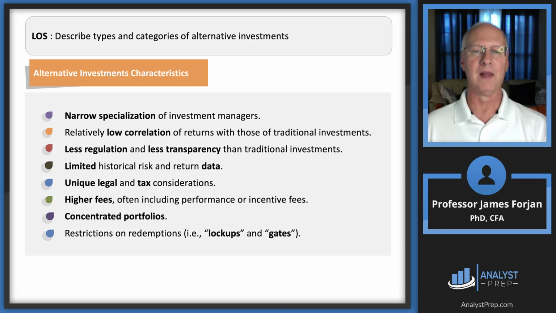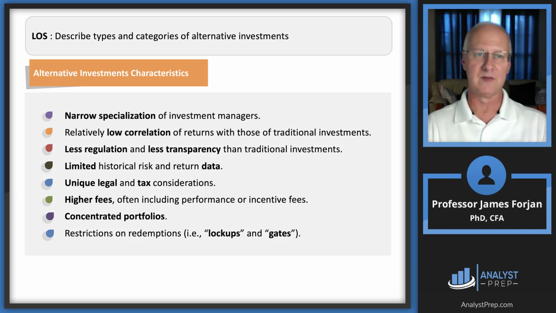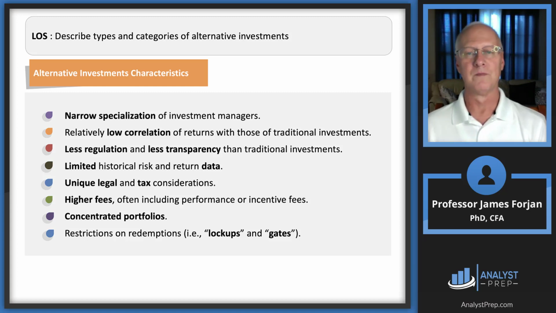Remember, we talked about the efficient markets hypothesis and Eugene Fama, that stock markets are highly efficient. Remember, we did the semi-strong form and the weak form and the strong form. Well, here, there might be in this alternative investment universe larger pockets of inefficiency.